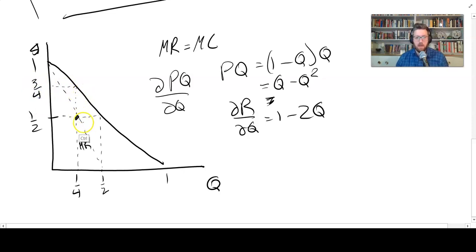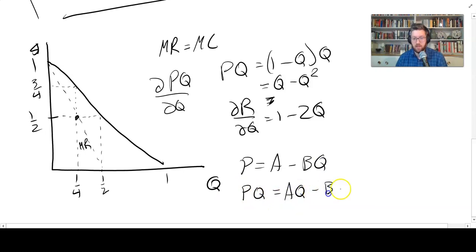It turns out that this example with these particular numbers works pretty well for lots of cases. If you have any linear demand, a linear function would be one where inverse demand looks something like A minus BQ. Revenue is going to equal P times Q, which is equal to AQ minus BQ squared.